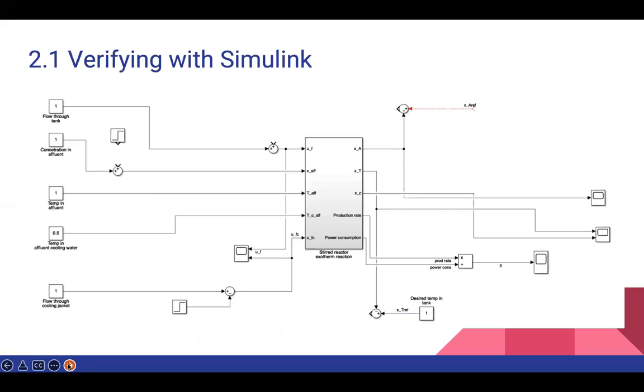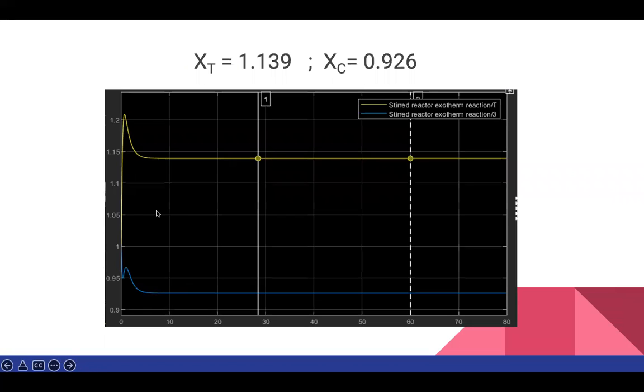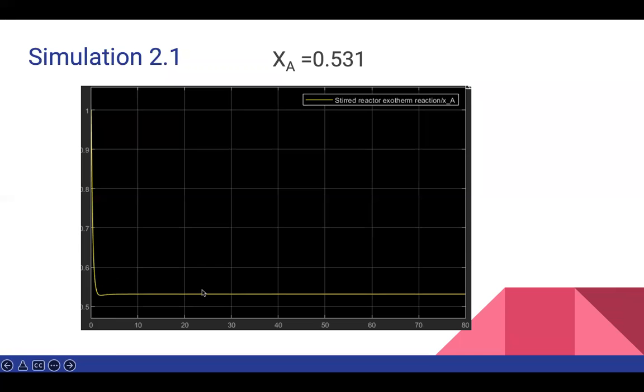To prove this, we run the simulation and got these graphs for XA, XT, which is this yellow line, and XC, which is this blue line. And we can see that the behavior is constant. So we can say that our system is in equilibrium.